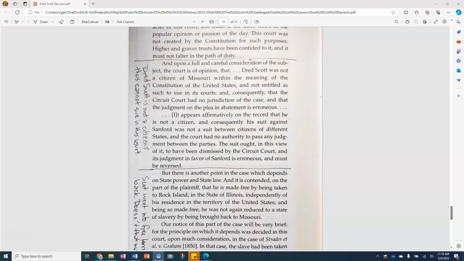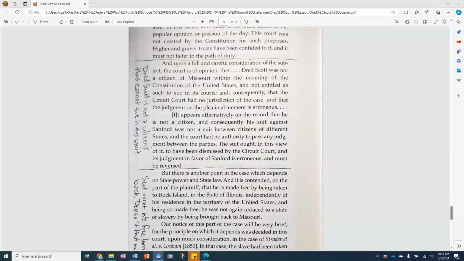It appears affirmatively on the record that he is not a citizen, and consequently his suit against Sanford was not a suit between citizens of different states, and the court had no authority to pass any judgment between the parties. This suit ought, in this view of it, to have been dismissed by the circuit court, and its judgment in favor of Sanford is erroneous and must be reversed.